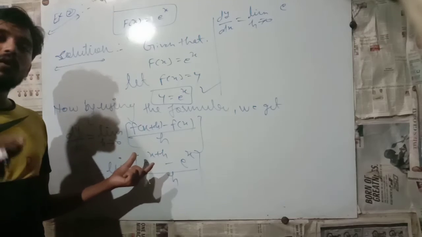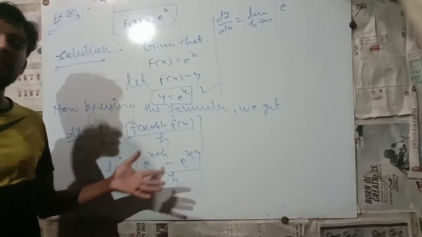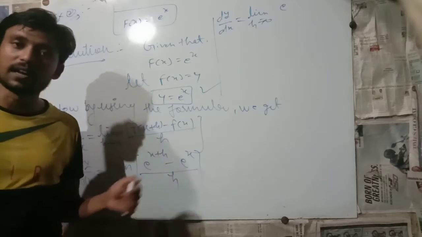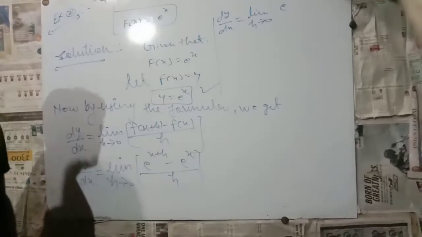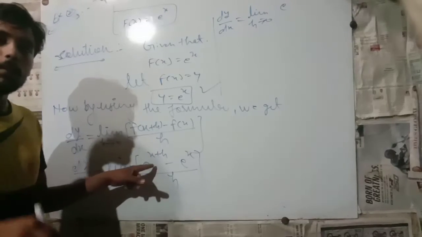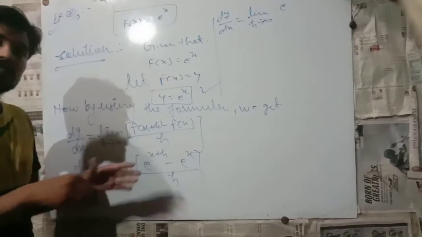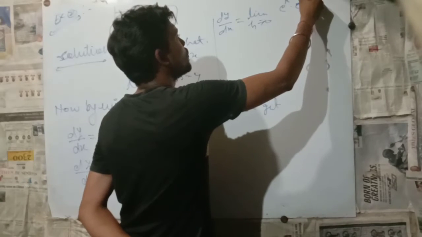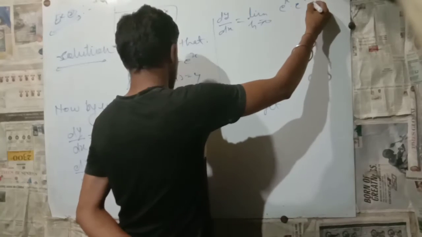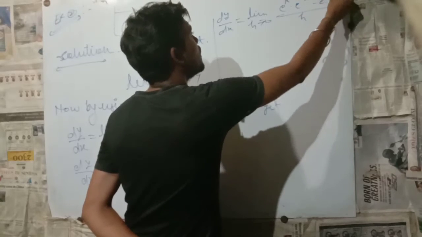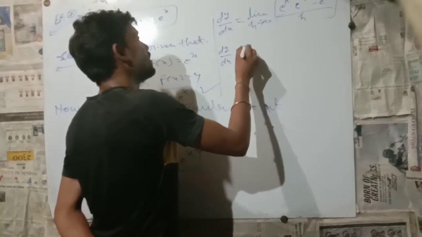For the multiply form we can write it in addition form, so we can write it separately like this: e raised to power x, e raised to power h, minus e raised to power x over h.